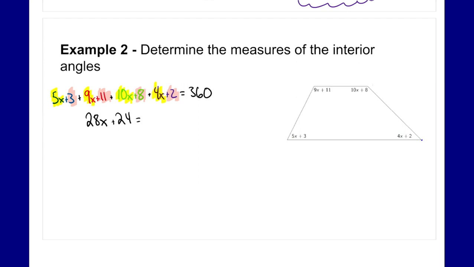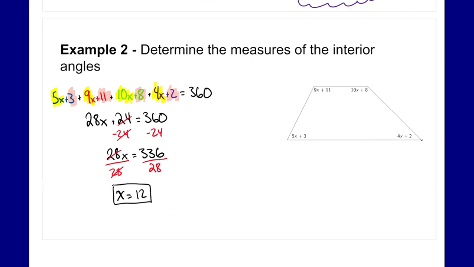So 28x plus 24 equals 360. I'm going to subtract 24 from both sides. One side will cancel out. So just solving a two-step equation, 28x equals 336. Divide both sides by 28. Again, one side cancels out. Left with x is equal to 12.